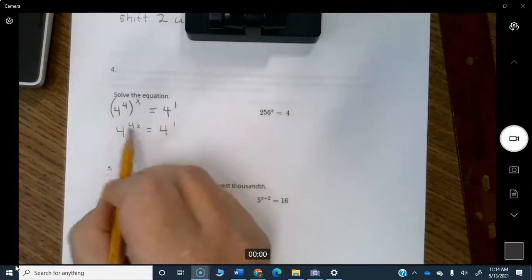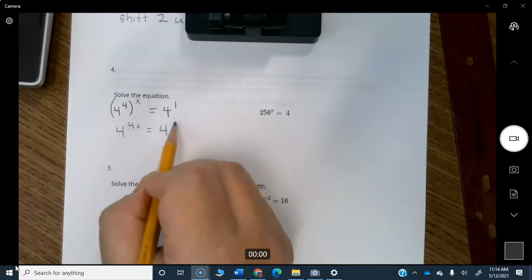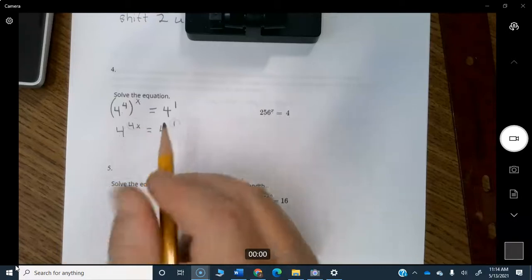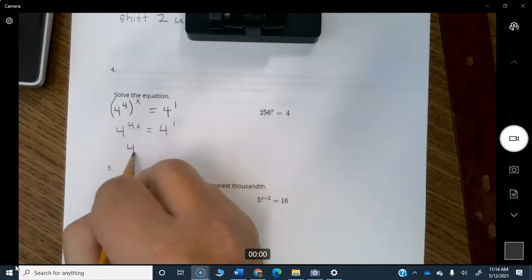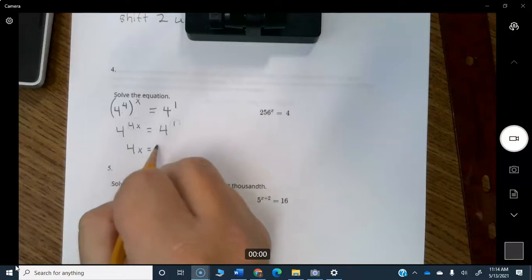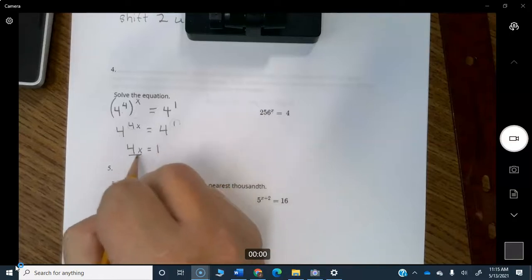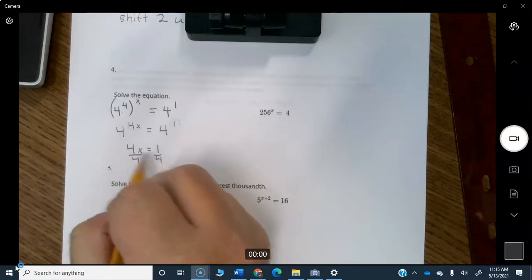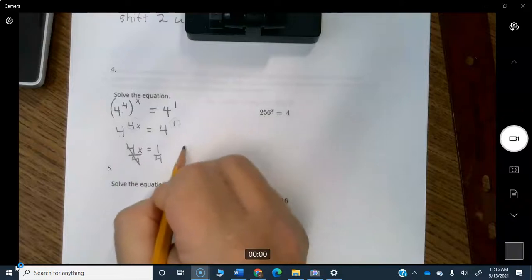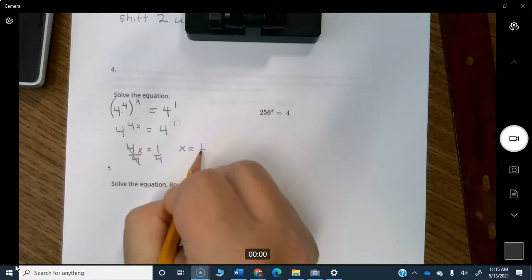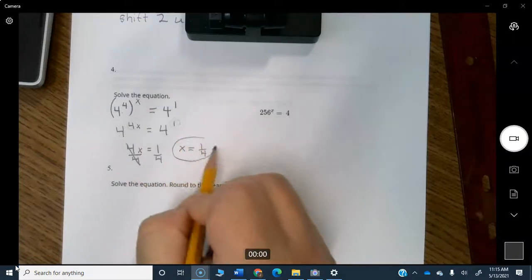Well, if 4 raised to this equals 4 raised to this, then these two exponents have to be equal to each other. So 4x equals 1. Divide both sides by 4. These cancel, and you end up with x equals 1/4. And that's your answer. Okay.